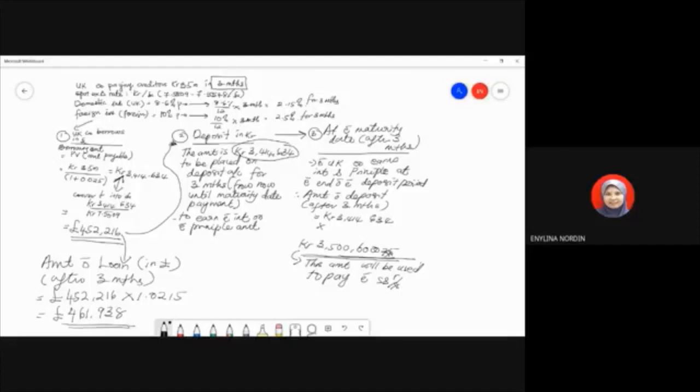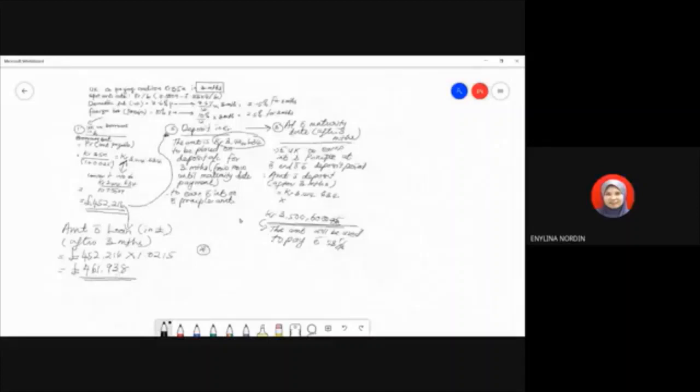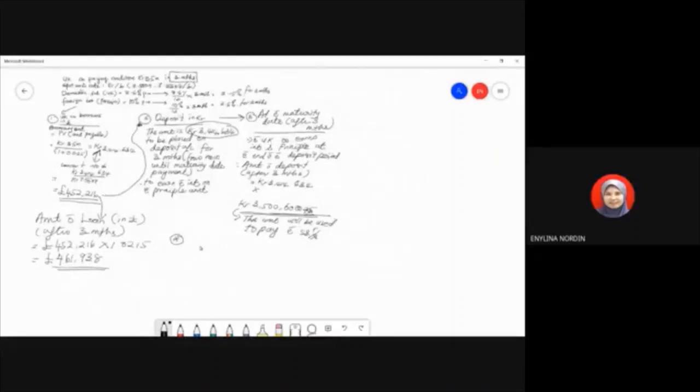Now the next question to answer is, after executing this strategy, we can determine the effective exchange rate, or the effective forward rate, of kroner against pound. How are we going to determine this?